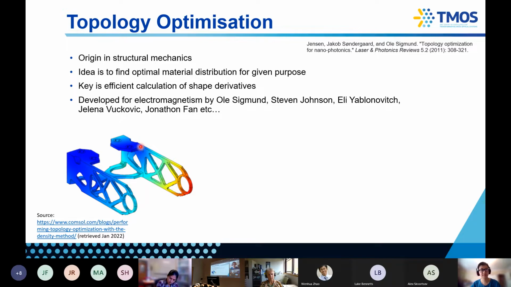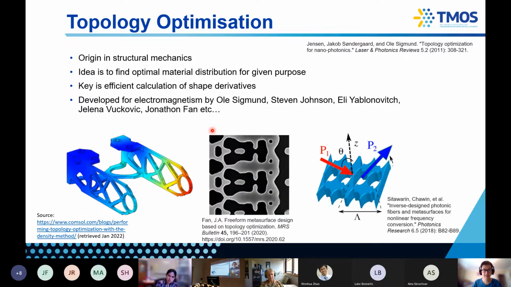This has been developed over the last decade or 2 by several notable researchers in the field. And this has led to metasurface designs that are very unintuitive, however, perform extremely well. So Jonathan Fan first used topology optimization to design beam deflectors.